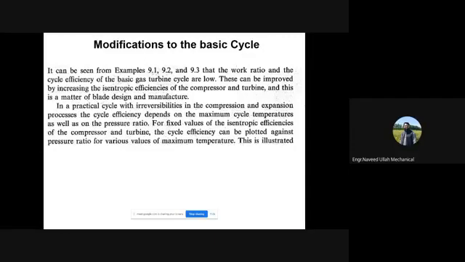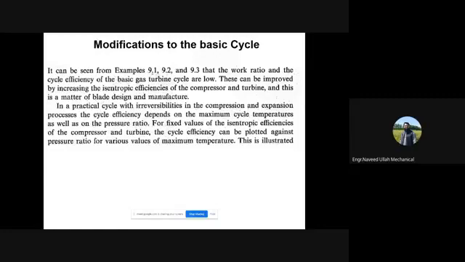If you remember, we discussed about this thing that if you run the non-isentropic expansion process.